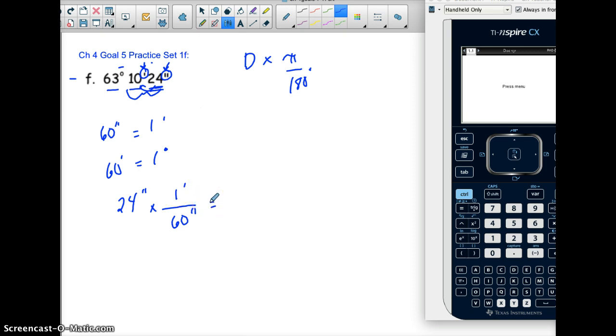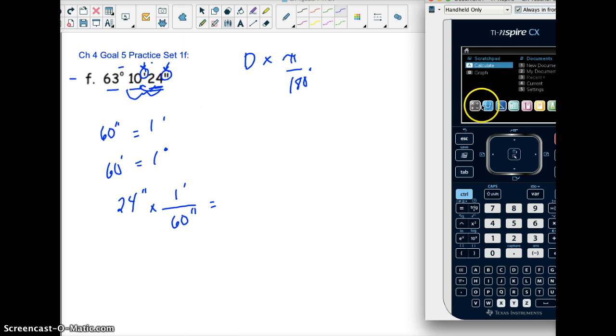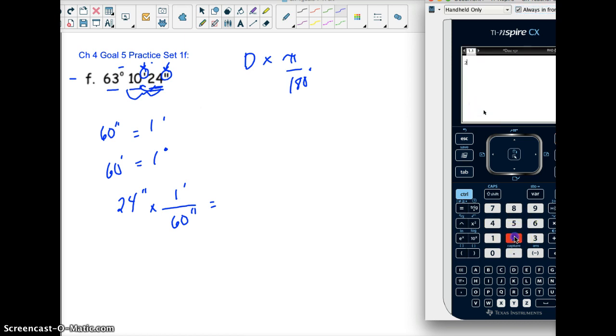And I'll go over to my calculator and calculate that. So that's 24 divided by 60, and that gives me 0.4 minutes. So 24 seconds is 0.4 minutes.